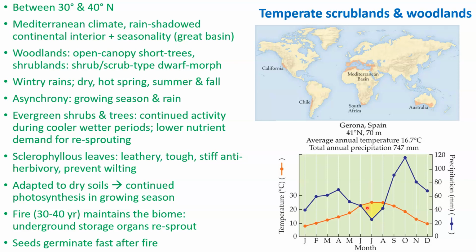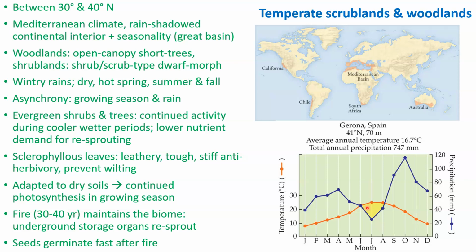There is tree growth, but trees are short, right? They are smaller. Most of the vegetation is not tree-like. Temperate shrublands predominantly have scrub type vegetation, which is much more dwarf, right? They are short in vegetation height.